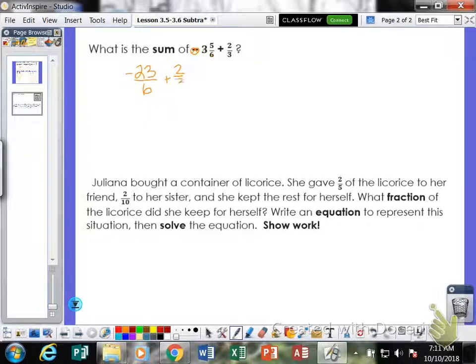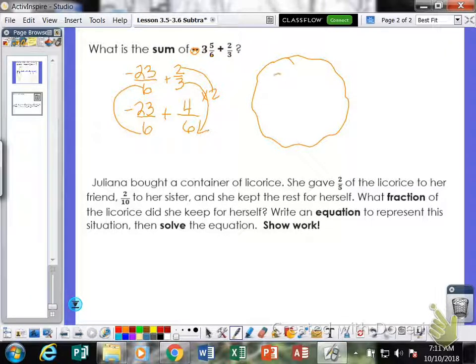Plus 2/3. Find a common denominator, which would be 6. So this stays the same because 1 times 6 is 6. And then here we multiplied by 2, so I'm going to multiply 2 times 2 and I get 4. So I have negative 23 plus 4, which means the most, it's my little scratch paper here, the most I can take away is 4 because they're different.